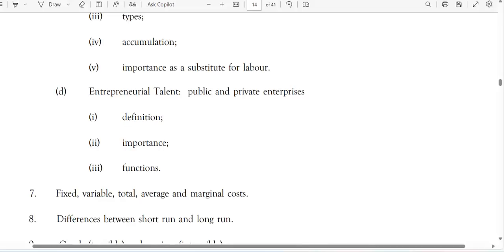Now, what are the functions of the entrepreneur? One, organizing, meaning bringing land, labor, and capital together to run a production or to run a business. Two, decision making. This means that the entrepreneur chooses what goods and services to produce and how. Another function of the entrepreneur is risk bearing.